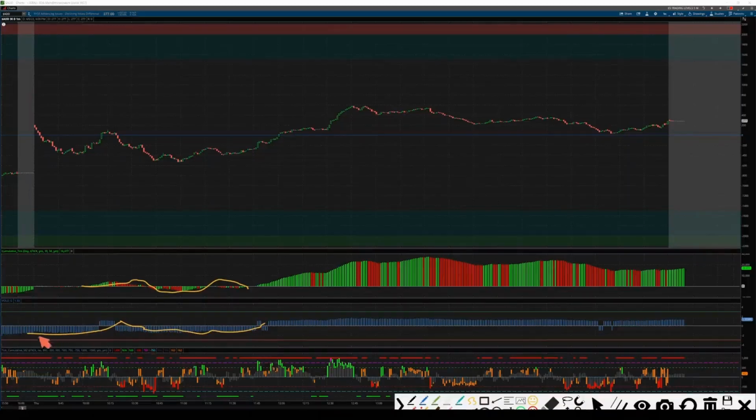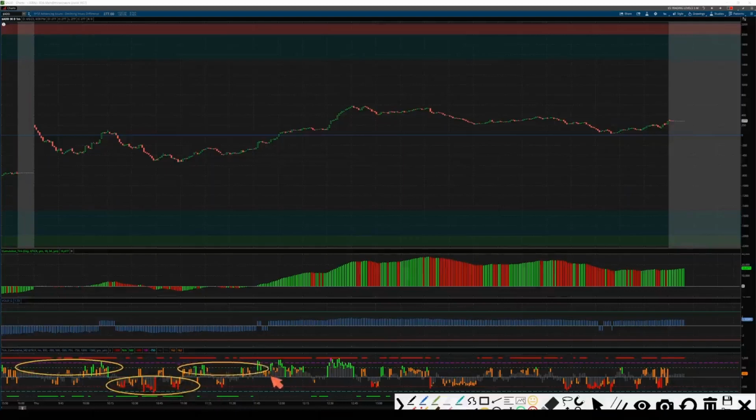So it doesn't have a strong one-way direction. And on the $tick, we have some ticks printing above the zero, and some printing below the zero, which shows that the market is going up and down, sideways price action, until around this area here, right?